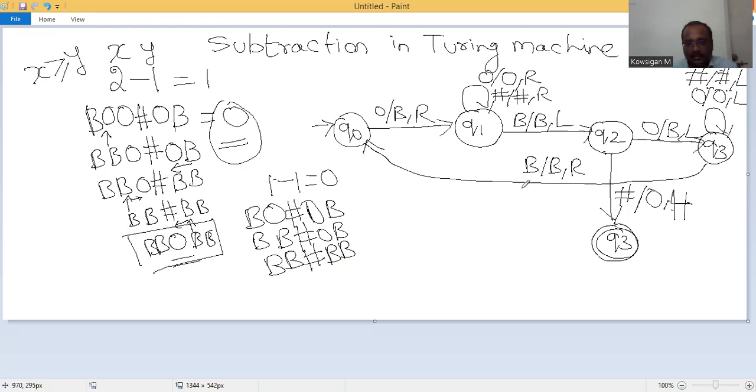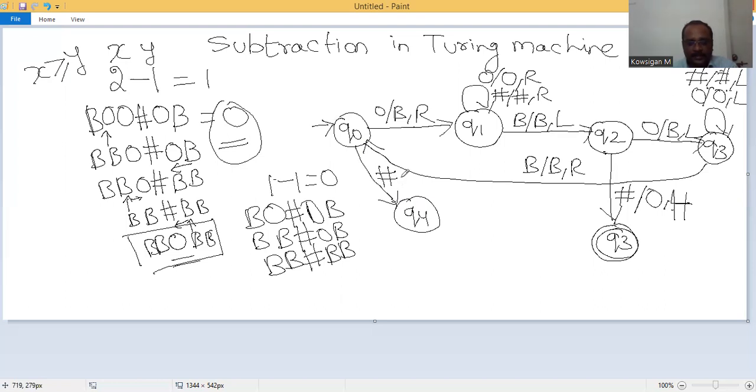After reaching the blank, again move to the right hand side. So now we are in this state. Blank is replaced as blank and moving to the right hand side. We are in the state of Q0. From Q0, the state transition will be occurring only for the input 0. There is no transition for hash. What we are going to do is just draw another state as Q4 and mention it as hash.